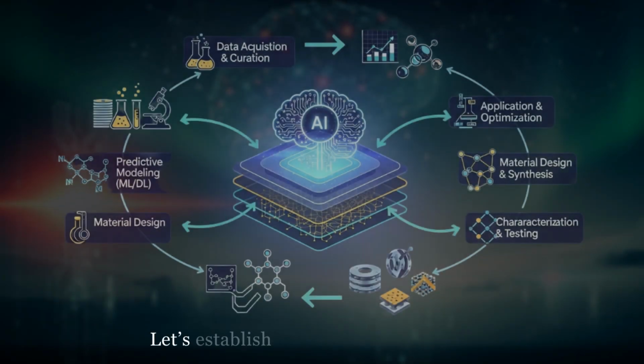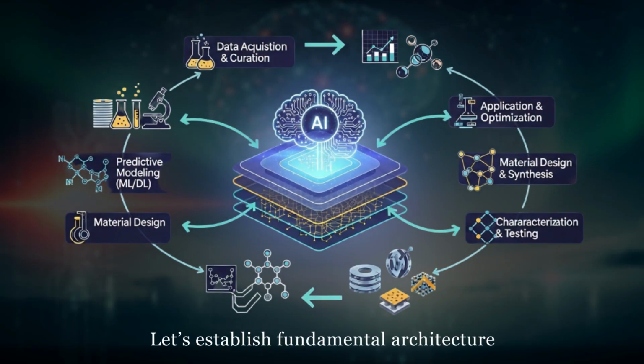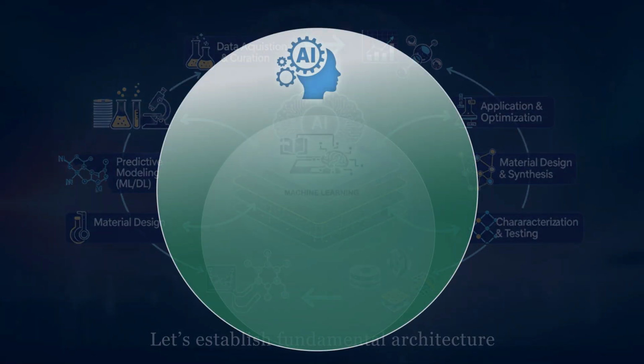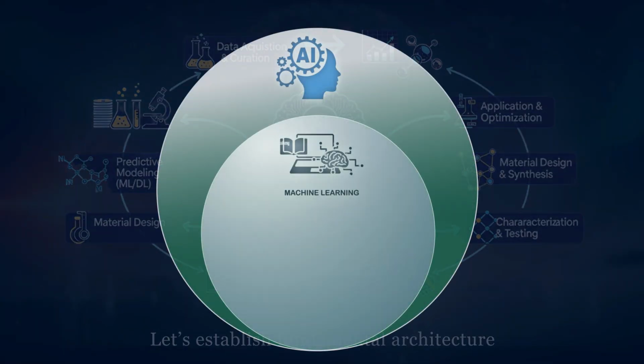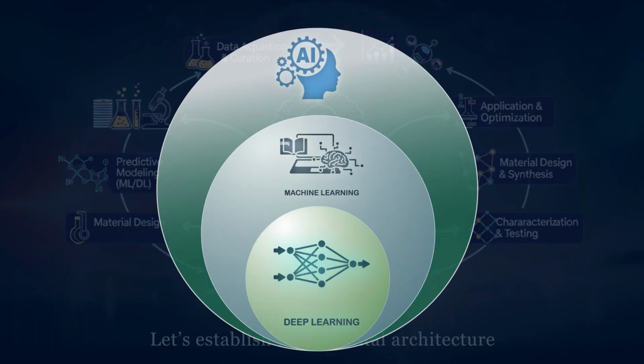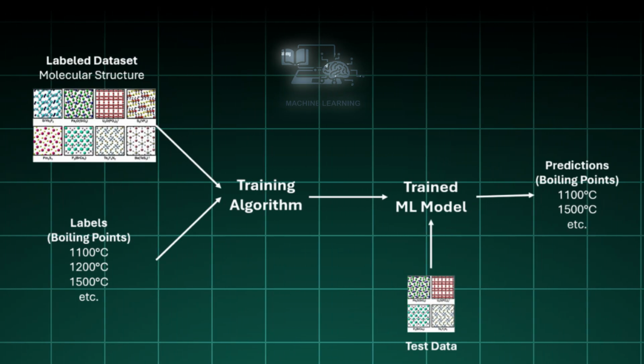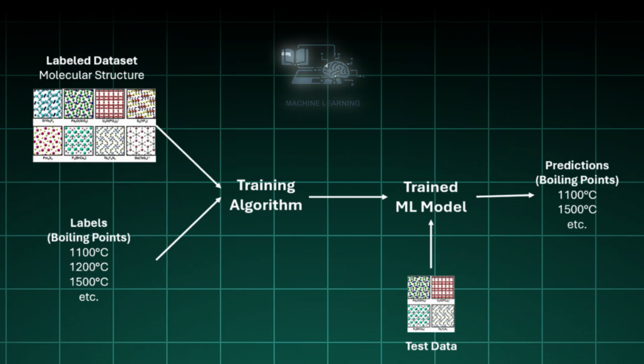First, let's establish the fundamental architecture. In materials science, we utilize 2 primary subsets of AI, machine learning, or ML, and deep learning, or DL. In the ML domain, we rely heavily on supervised learning. This is where we train algorithms on labeled datasets, like teaching a computer the correlation between a molecule's structure and its melting point.